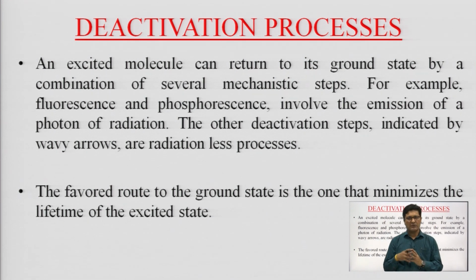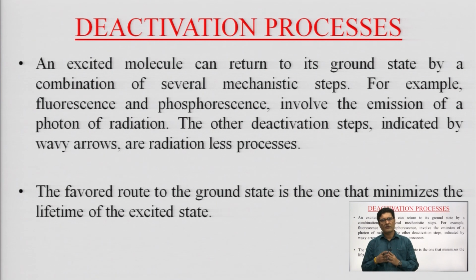But what would be the most favorable route for the deactivation? The one that takes place at very rapid times. So, the favored route to the ground state is the one that minimizes the lifetime of the excited state.